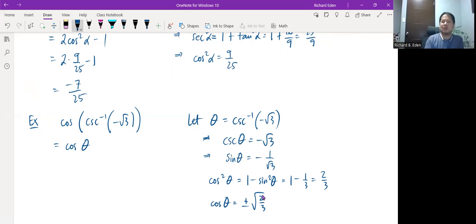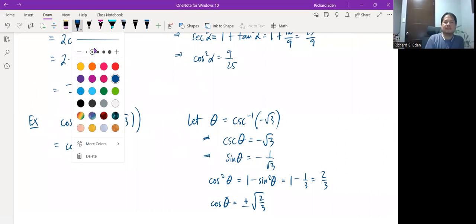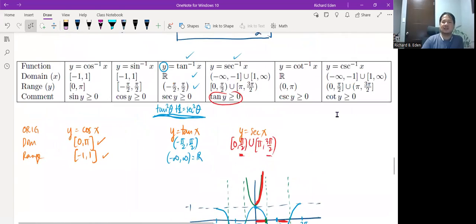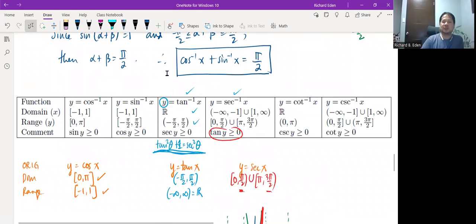Sige, tell me how we can choose. Cosecant. Okay, gusto mo akyat tayo dito? Theta is a cosecant inverse. So ano nung output ng cosecant inverse?